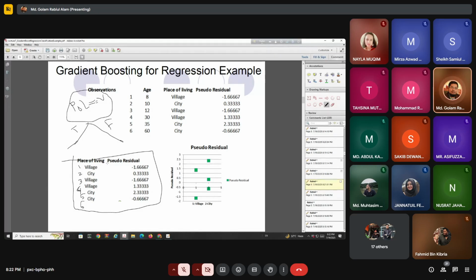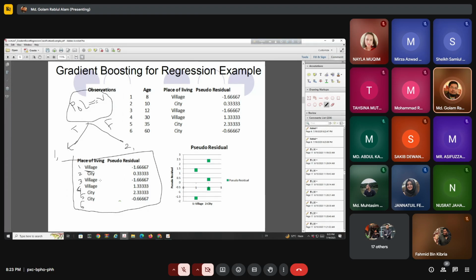The first observation is village, so place of living equal village is true, so the first observation goes here. The second observation is city. Is it true? No. For the second observation this is false, so we place it here.